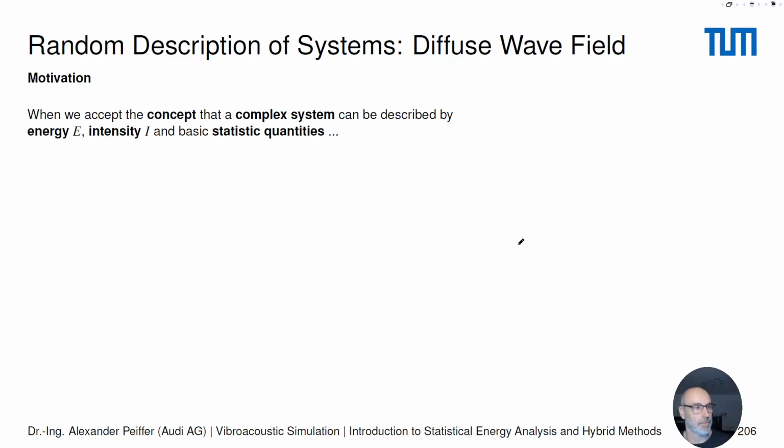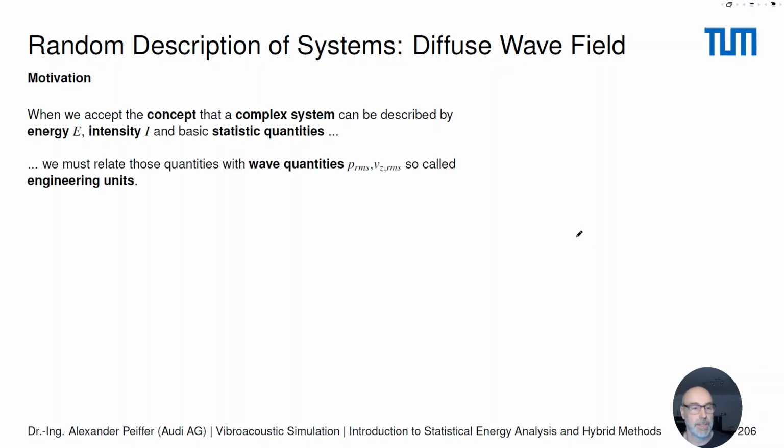Good. So, why are we doing this? When we accept the concept that a complex system can be described by simple quantities like energy or intensity, or other basic statistical quantities, we have to relate those quantities to wave quantities like pressure or velocity of a plate or the pressure of a cavity.